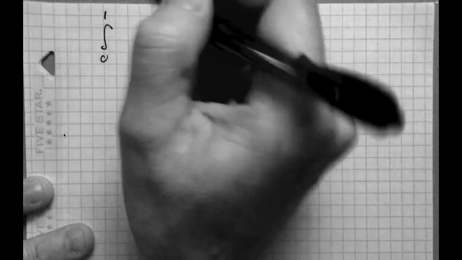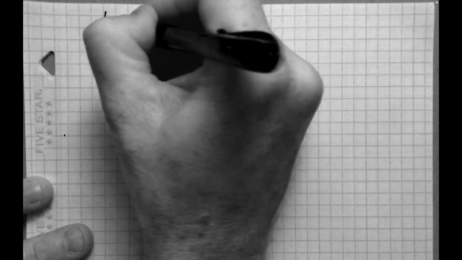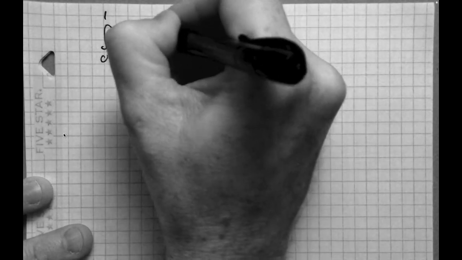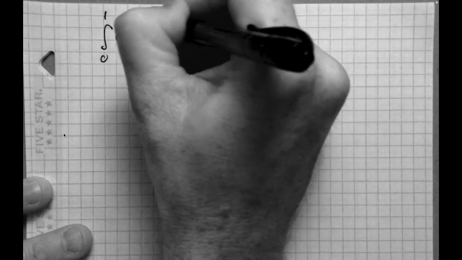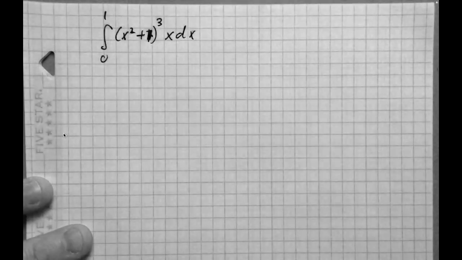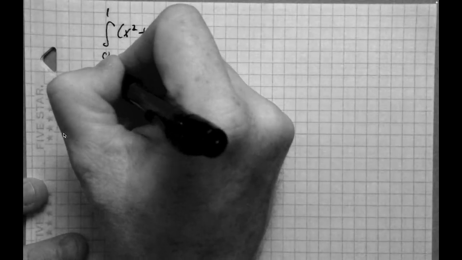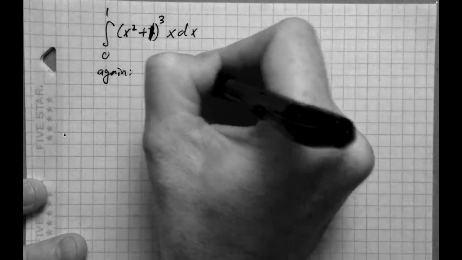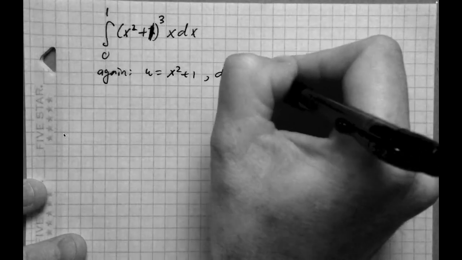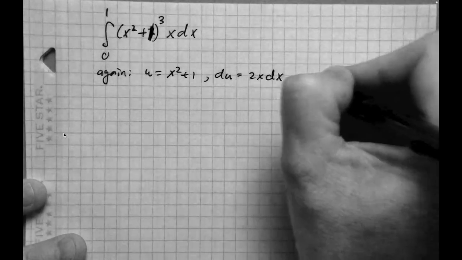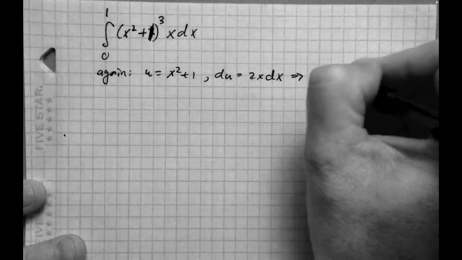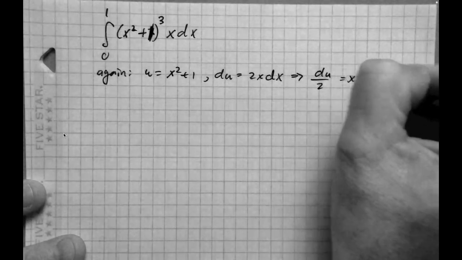So same integral here, x squared plus 1 to the third power times x dx. Pardon the sloppiness, I started writing 3 and I meant to write a 1 there. So again, u equals x squared plus 1, du equals 2x dx, and du over 2 equals x dx.